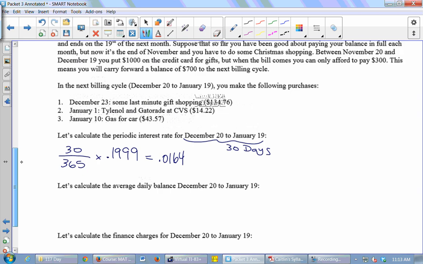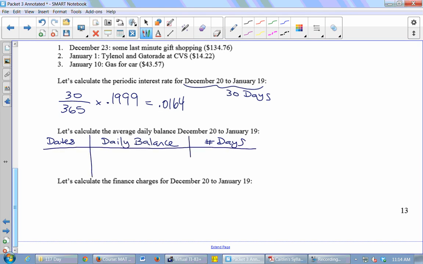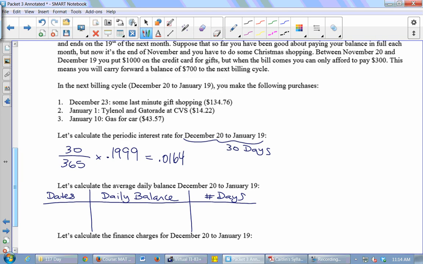So if we make a little table where we'll put in dates, the daily balance on those dates, and number of days. Okay, so for December 20th to January 19th, from the 20th to the 22nd, my balance was just this $700 that I carried over from the previous month.